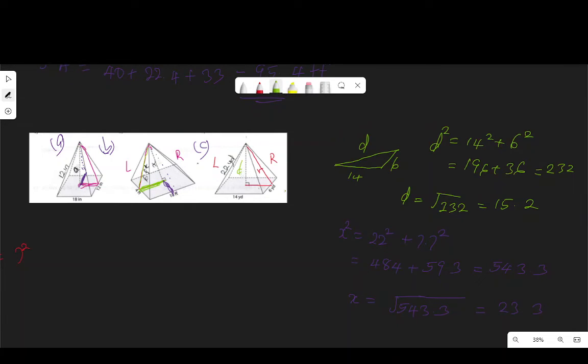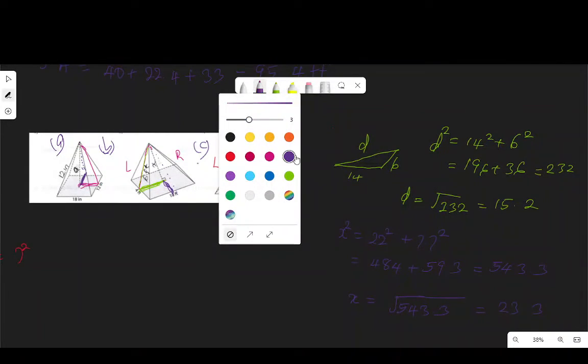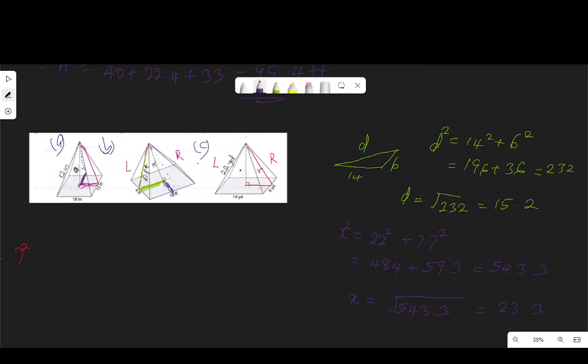This is D. No, it's not D, it's X rather. D is the diagonal which we calculated earlier. So let's remove this. Let me call it X. Use the same color to avoid confusion. This is X, and X is this 23.3.